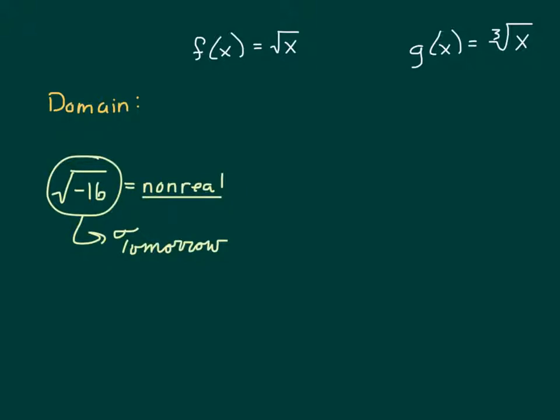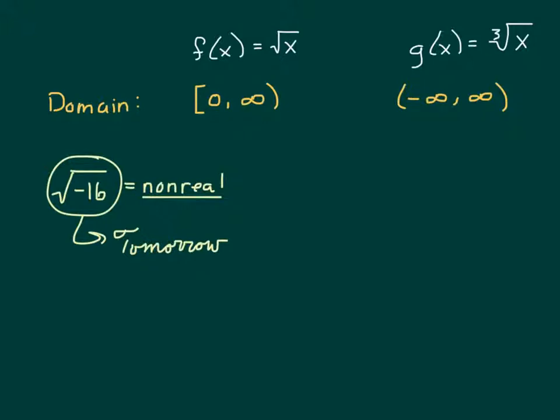Point being, the domain of the square root is actually 0 to infinity because we cannot plug in negative numbers. Domain is the set of all possible inputs, so all possible inputs to the square root, 0 to infinity, including 0 because the square root of 0 is 0. The domain of the cubed root is negative infinity to infinity.